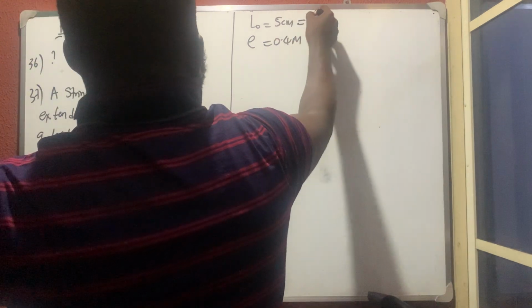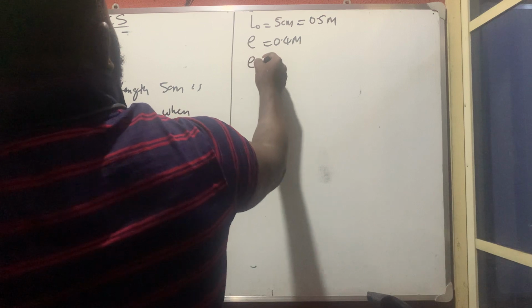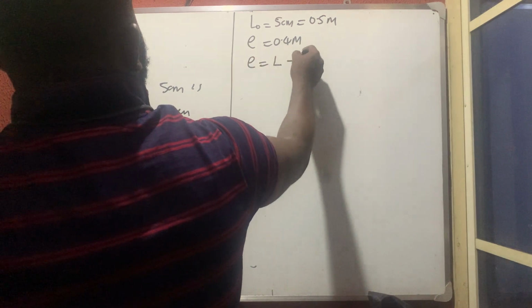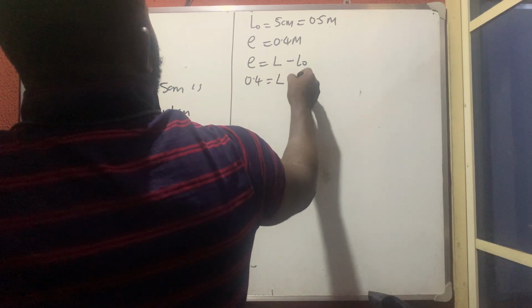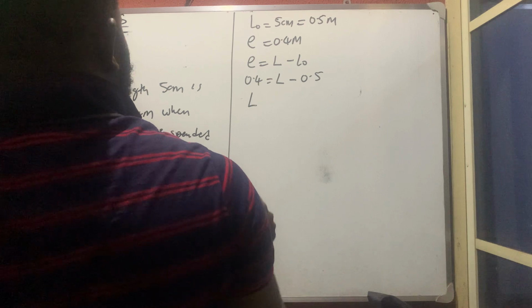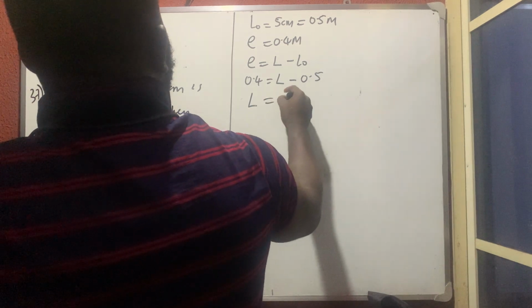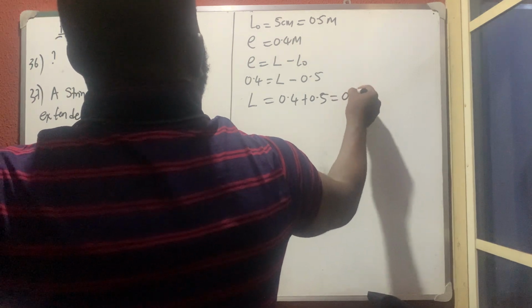So if you change this one, it will give you 0.5 meter. We know that extension is the length minus the original length. So 0.4 is equal to the length minus 0.5. So the length is 0.4 plus 0.5, which is 0.9.